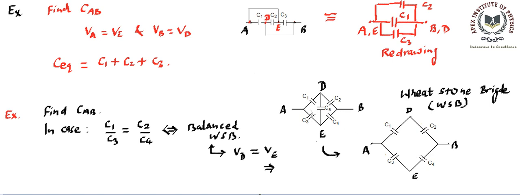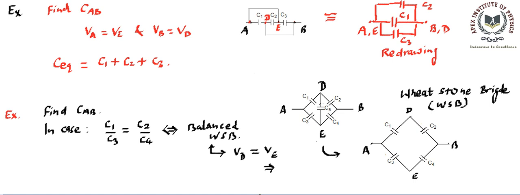So the point is, this complex figure, which is known as a Wheatstone bridge, can be made very simple by removing the capacitor which is connecting these two terminals. And this can be removed only if we are ensured that the potential difference across these two points is going to be 0, and that potential difference will be 0 if this Wheatstone bridge is balanced.